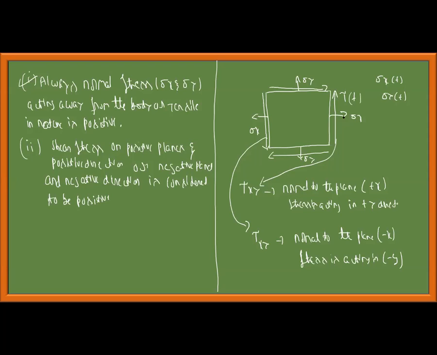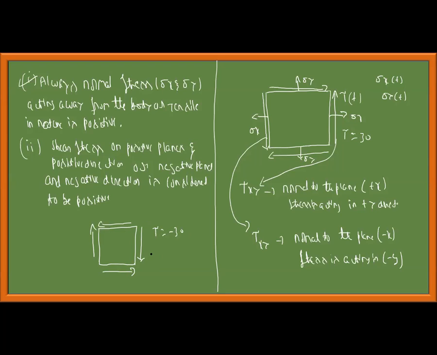In case the shear stress is acting like this, this is negative shear stress. For example, if tau is given as 30 MPa, this is positive 30. This is tau equal to minus 30 MPa, negative 30.